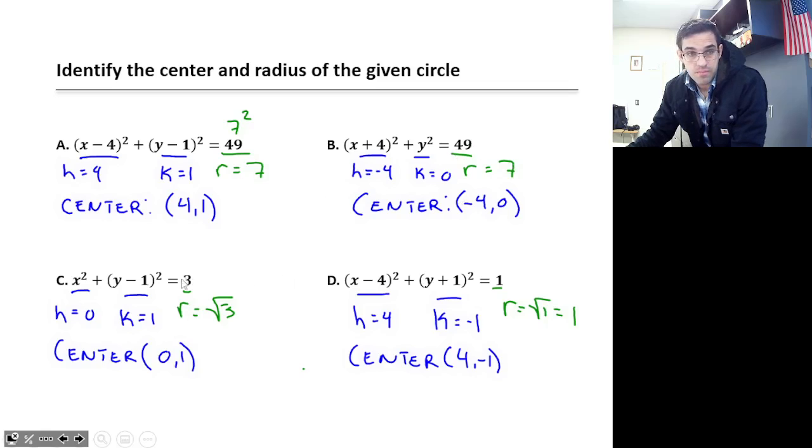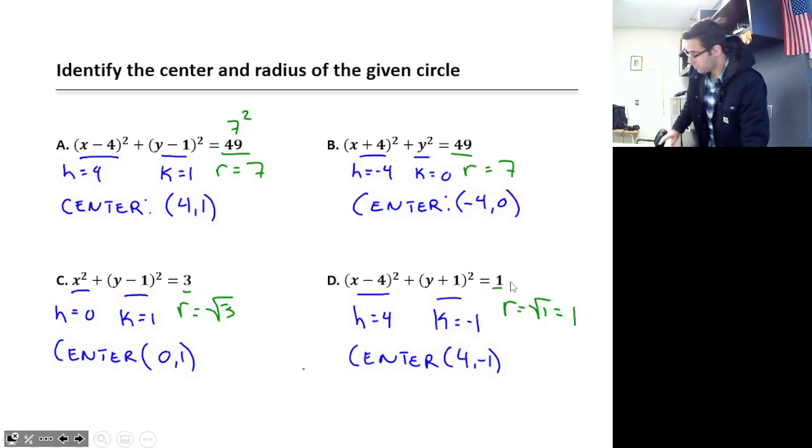Same thing for B. For C, there's no perfect number that squares to equal 3, so our radius is the square root of 3 there. For example D, the square root of 1 is just itself, 1, since 1 squared is 1. So the radius for D is 1.